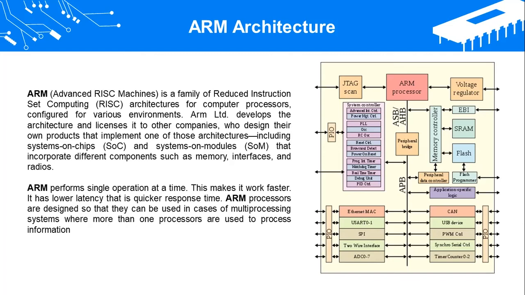So basically, ARM Ltd is not selling processors or chips, but they sell the license of their product or their architecture, including system on chip and also system on modules. ARM performs a single operation at a time. This makes it work faster. It has lower latency, that is, quicker response time. ARM processors are designed so that they can be used in multiprocessing systems where more than one processor is used to process information.